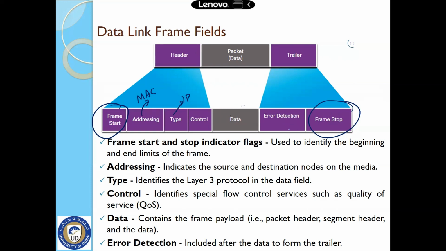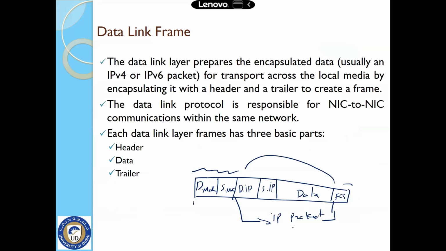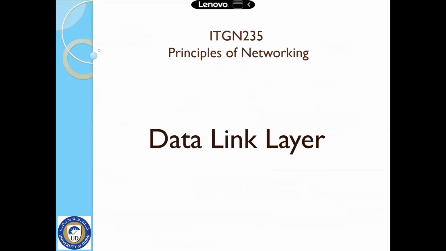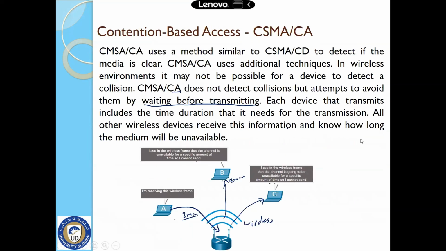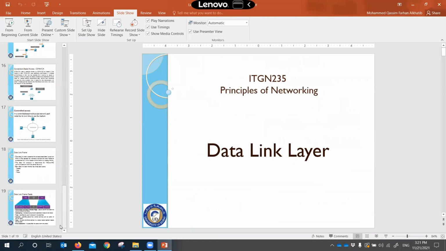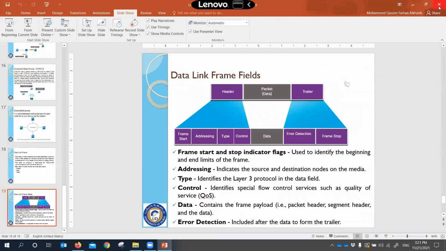Now the trailer is responsible for error detection: the frame check sequence is included after the data in the trailer. So in the exam, don't be surprised that you have to draw something like this, but not this one. Okay, not in these slides. Okay, I'll go back to this one, then I'll tell you which one you need to memorize. Oh yeah, in fact, this is the last slide.